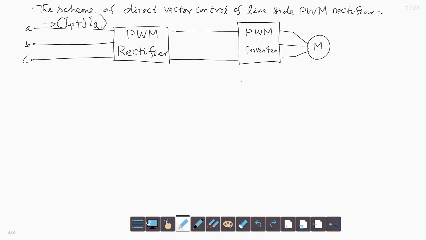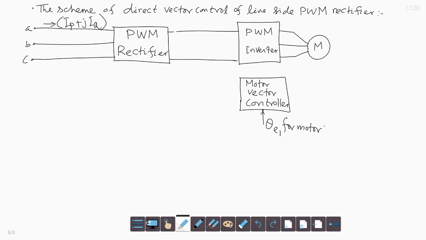So here we have motor, vector controller, which gets theta E1 for motor.